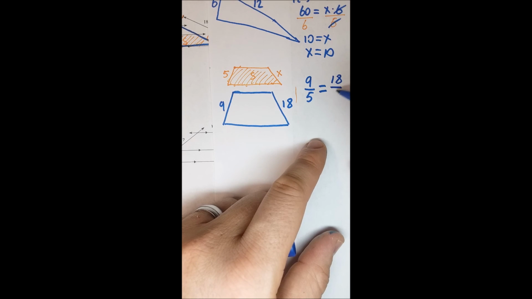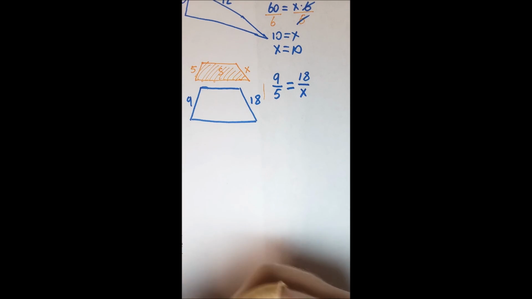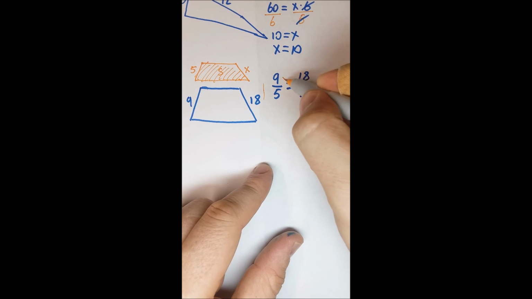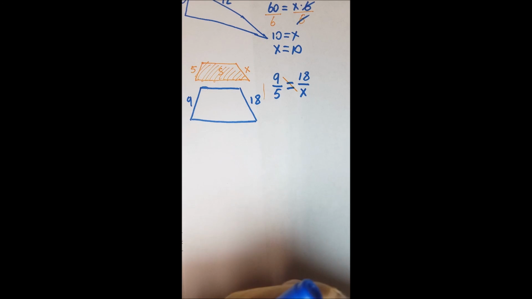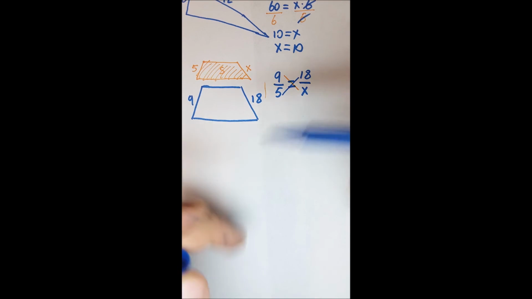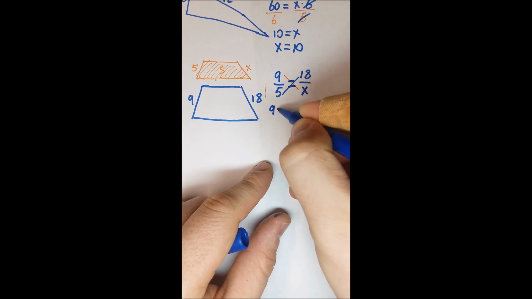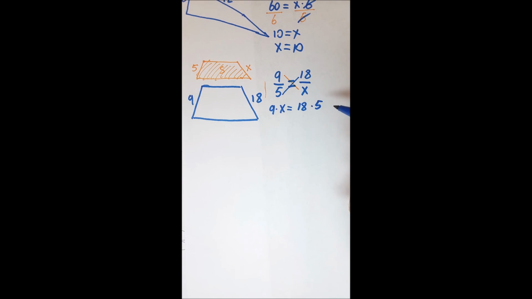Okay, 18 over x. So that's how I created it. You can mess around with the other two numbers however you want. So again, 9 times x is the same thing as 5 times 18. 9 times x equals 18 times 5.